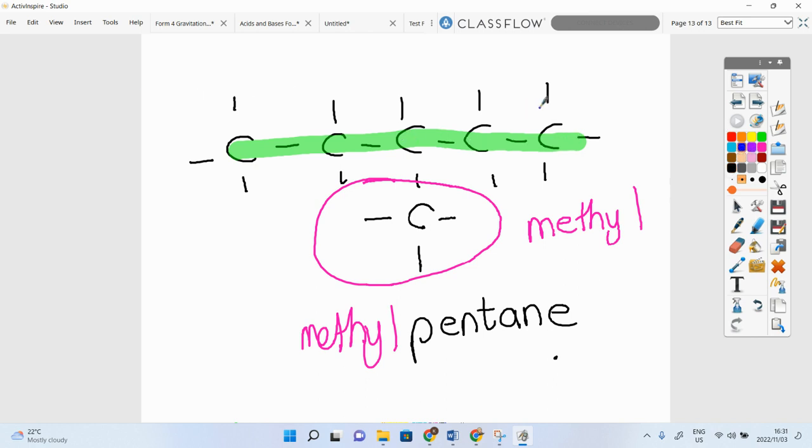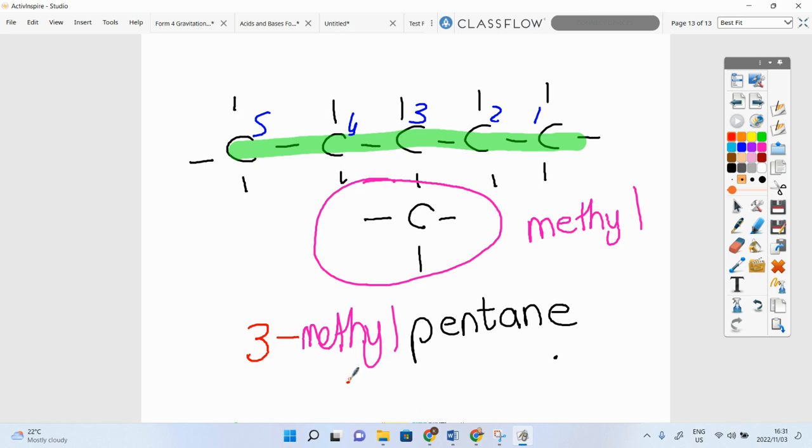If I start here, 1, 2, 3, it's on the third one, 4, 5. If I start here, 1, 2, it's on the third one again. So it doesn't matter where I start. It's always going to be on the third carbon. So you're going to say 3-methylpentane.